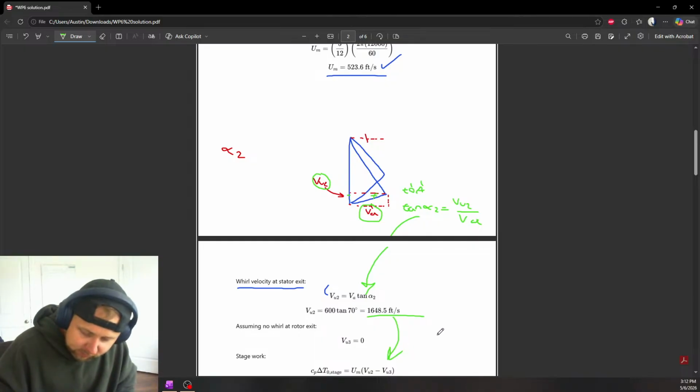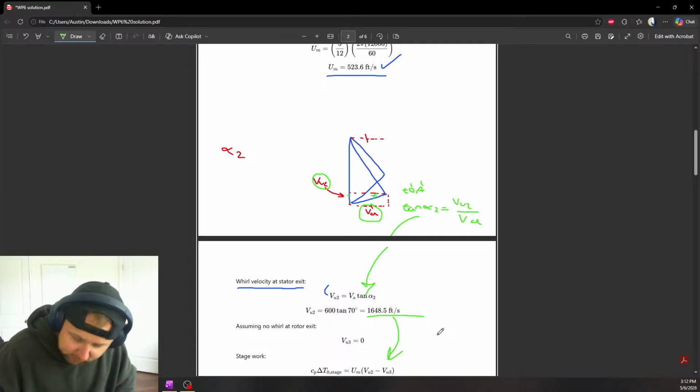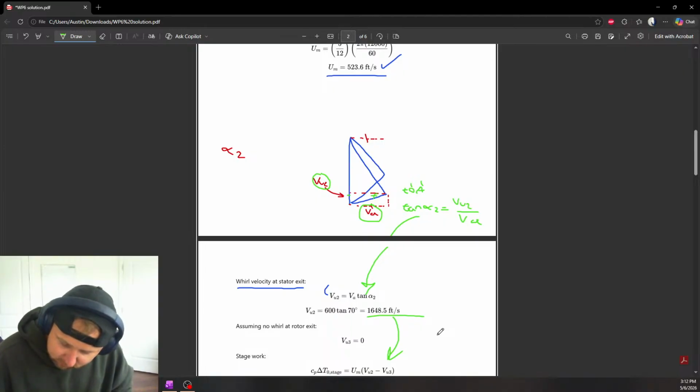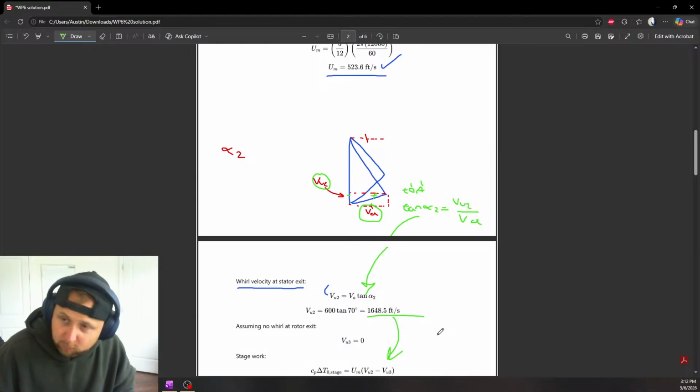So we solve for VU2. So tangent of alpha 2 is VU2 over VA. Rearrange this to find VU2 is equal to VA times tangent of alpha 2, where VA is equal to 600 feet per second times our tangent of alpha 2, which is 70 degrees, thus giving us 1648.5 feet per second.